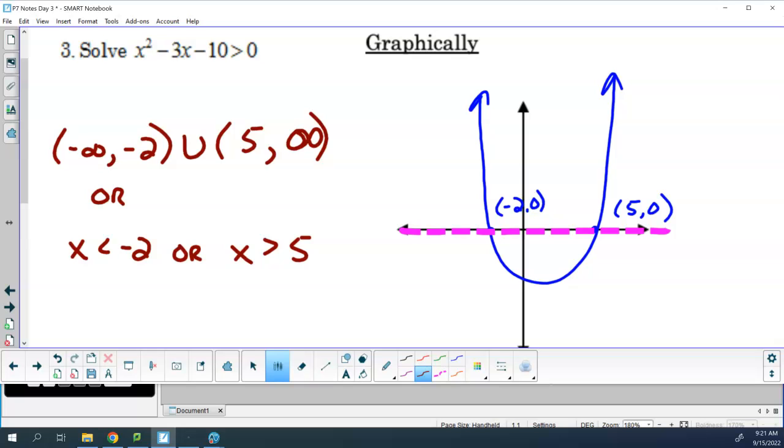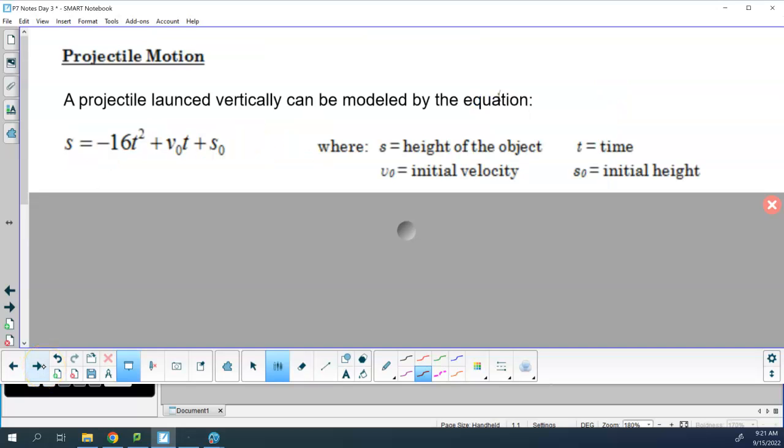Love it. Good times. All right, now let's get into P7. Projectile motion. Okay? Sometimes you got, there it is. My objecto.